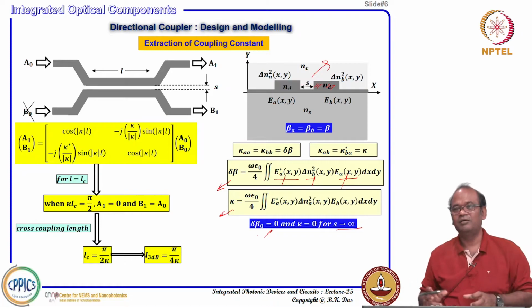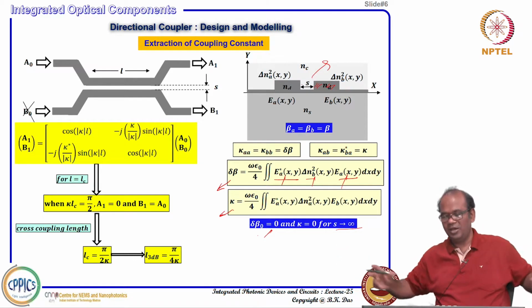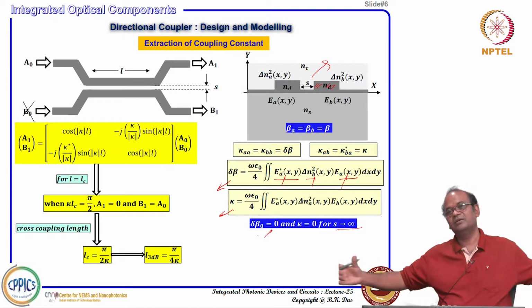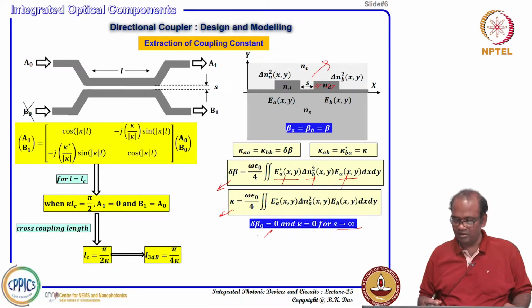Infinity practically means a very large distance. If they are separated by a sufficiently large distance S, maybe for silicon waveguides several micrometers is sufficient, because waveguide dimensions are at the micron level, then delta beta naught will be equal to 0.